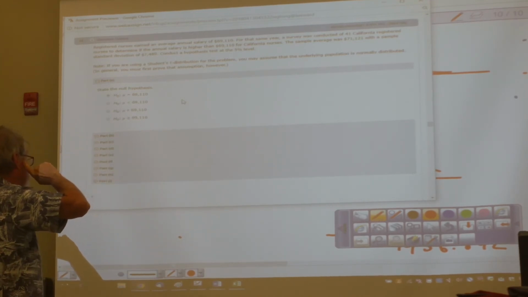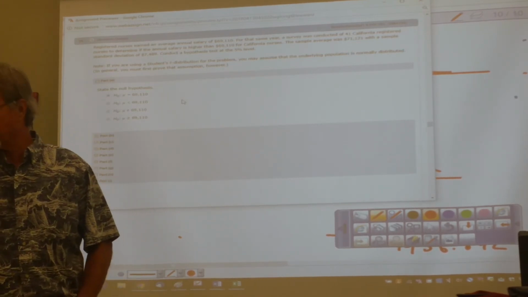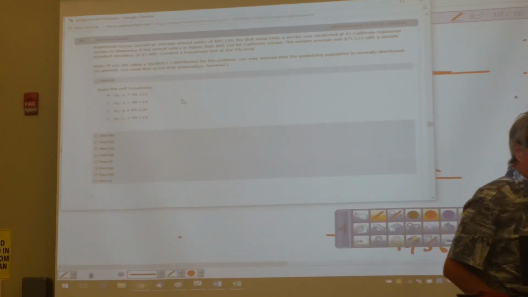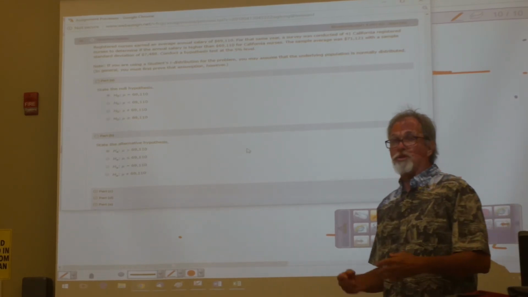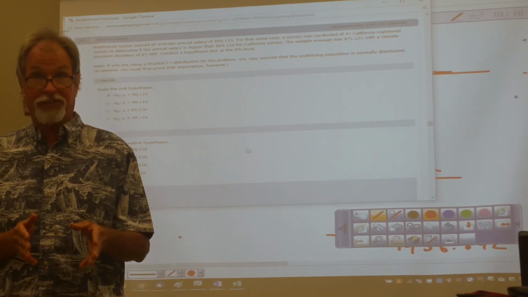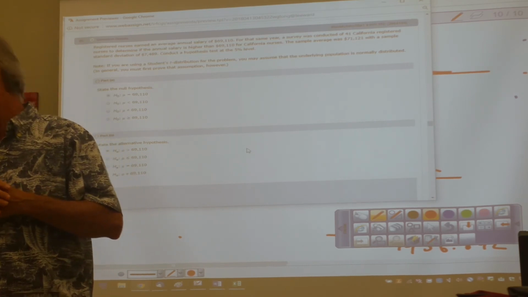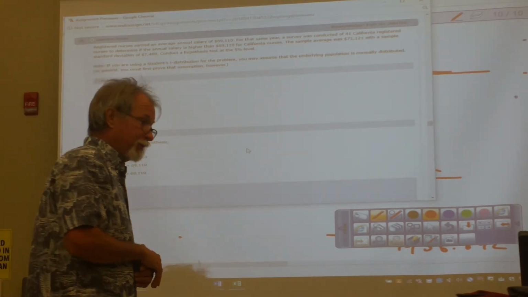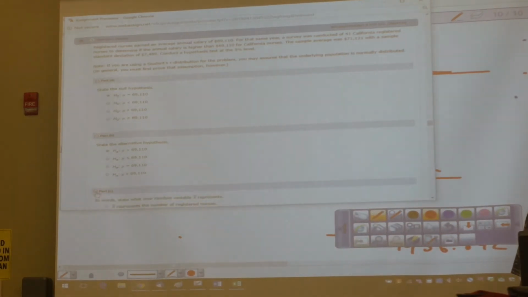So since they don't have less than or equal to, I'm going to go with the equal to. And then the alternative will be greater than $69,110. In all honesty, it's easier sometimes to come up with the alternative hypothesis first and then go back and write the null hypothesis. Oh yeah, I see. Okay.